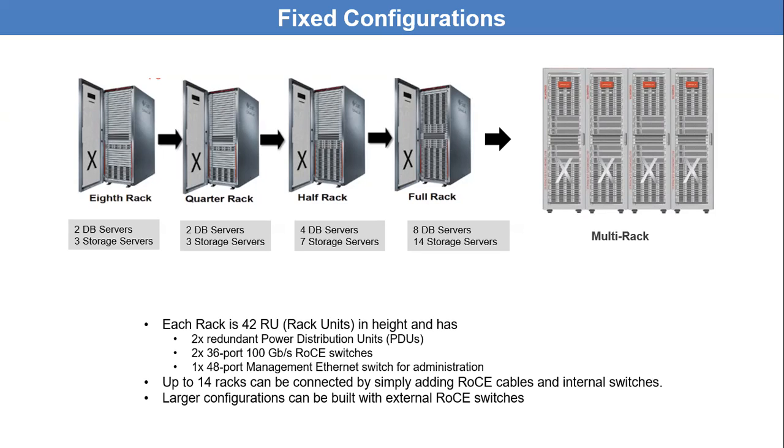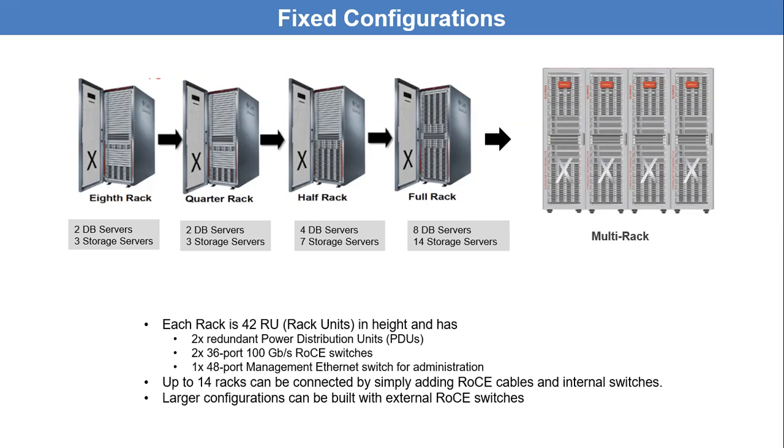Each rack is 42 rack units in height and has 2 redundant power distribution units, which supply power to all the components inside the rack. Inside the rack, you have database servers, storage servers, RDMA network fabric switches, the power distribution units, and the networking cables, which connect all these servers together.